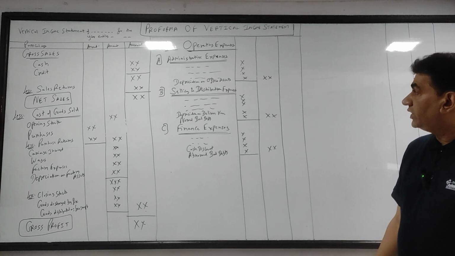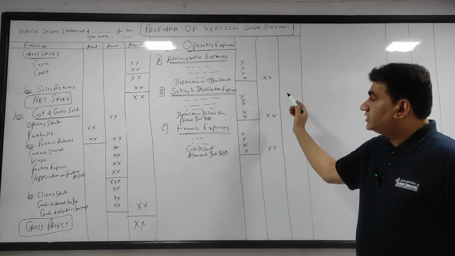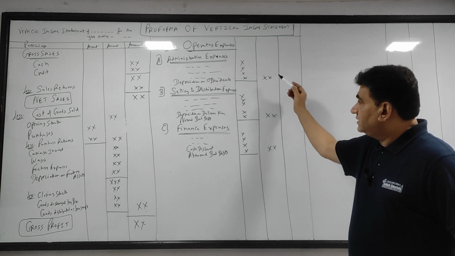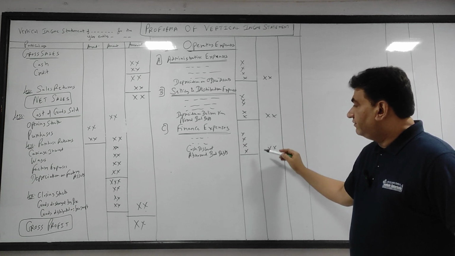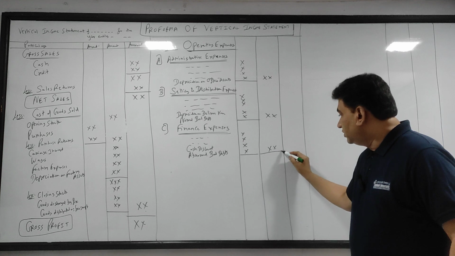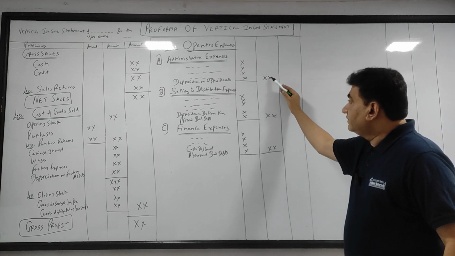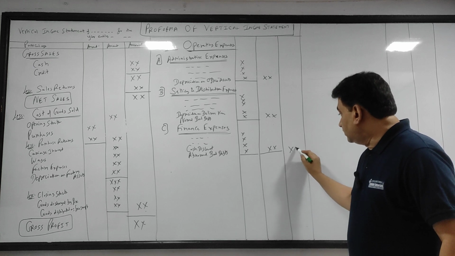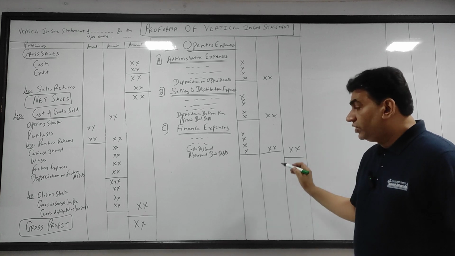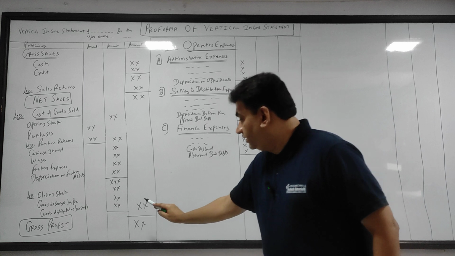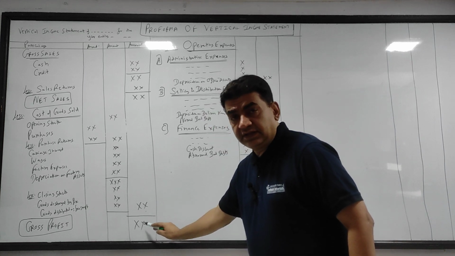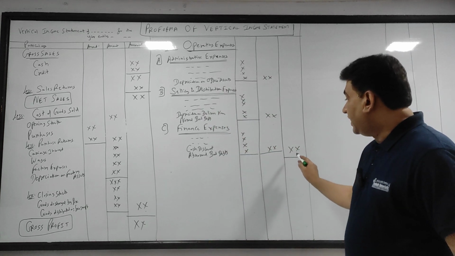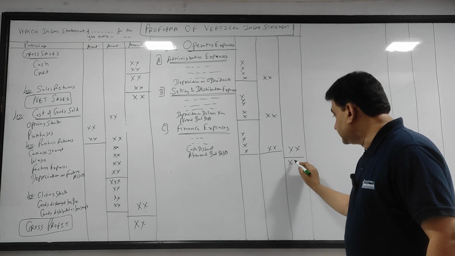Clear with this guys? So देखो क्या है? Operating expense, 3 categories. Admin, selling, finance. Now what you will do? Total of these 3: admin, selling and distribution, finance. You will take it here. And what you will do? Gross profit minus operating expenses.